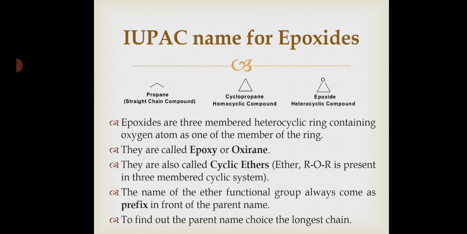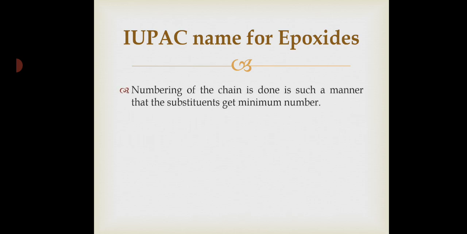To find out the IUPAC name, the first step, which you all know, is to find out the longest chain. After finding the longest chain, we need to do the numbering. These rules are almost the same in all systems. The numbering is done in such a way that the substituent gets the minimum number, which is not unknown to you.